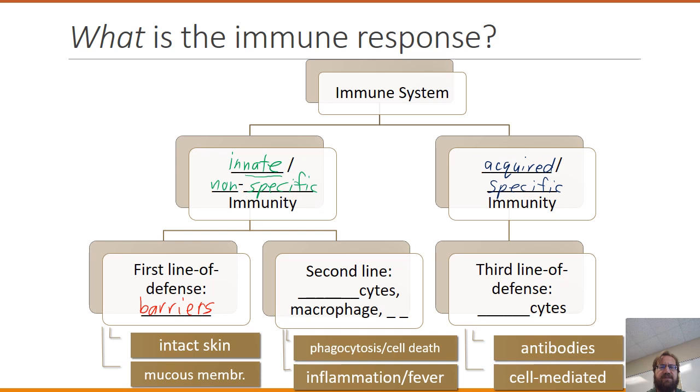The second line of defense involves your granulocytes, macrophages, and certain cells called natural killer cells, NK cells, that seek out and hunt down and destroy cells that look abnormal, either infected with a virus or perhaps cancerous cells.